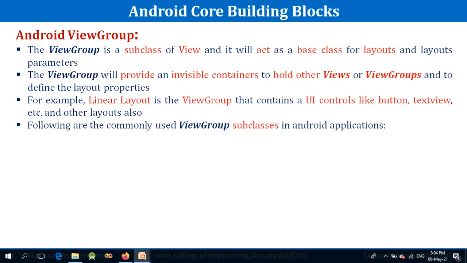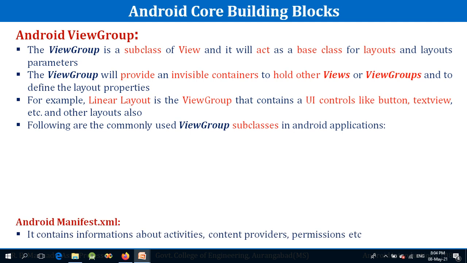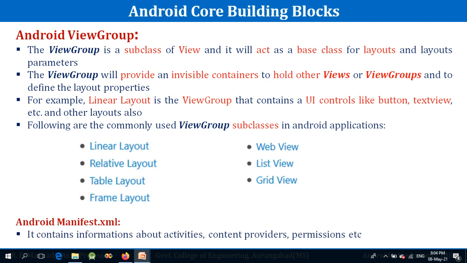Okay, so following are commonly used ViewGroup subclasses in Android applications. ViewGroup subclasses are nothing but the various layouts in the Android system. So there may be linear layout, relative layout, table layout, frame layout, or it may be web view, list view, or grid view. All these layouts are derived from the ViewGroup base class.